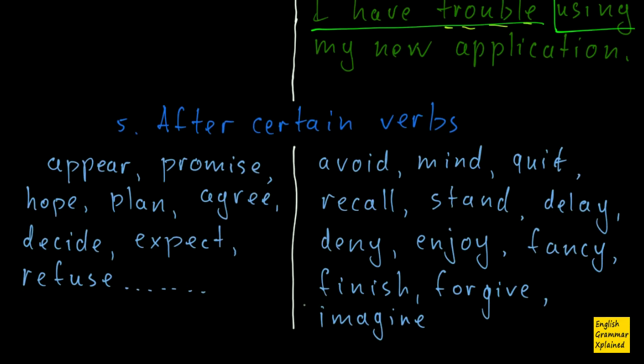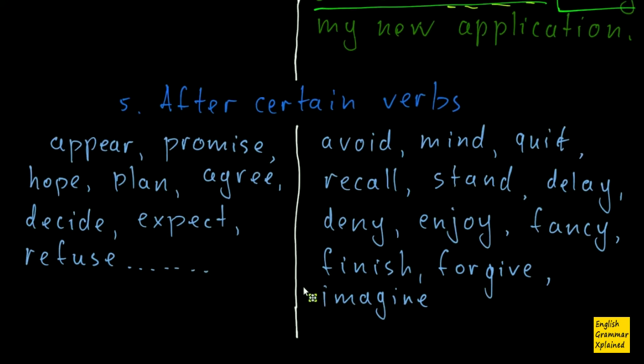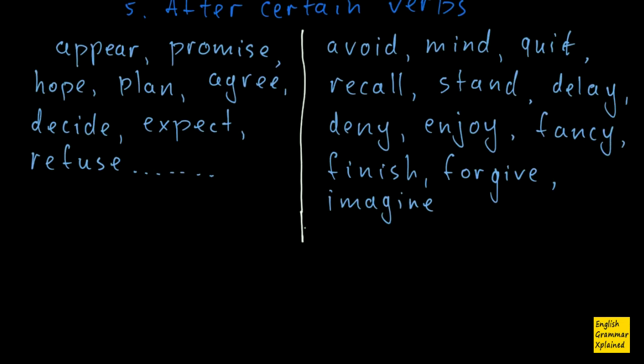Well, you may ask me, how can I find all these verbs, where can they be found? Well, in your grammar book, basically in any grammar book, in any textbook, in any student's book, you can find a list of these verbs, after which we use infinitive or gerunds. Usually these charts are put in the add-ons with a list of irregular verbs in the end of your book.